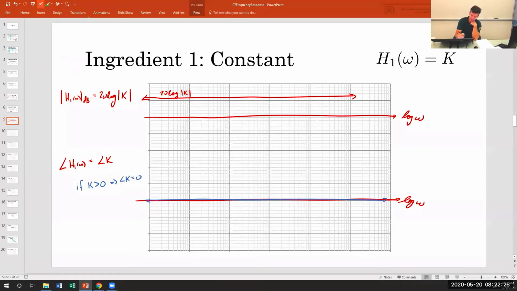However, if k is negative, then the phase angle is plus or minus 180 degrees. So I'll draw it as negative 180 degrees. Okay, so that's the only subtlety that I want to point out here, is that the magnitude of k doesn't care about the sign of k, but the phase angle does. So if you, for any reason, have a negative constant out in front of your transfer function, just realize that it is contributing 180 degrees of phase to the whole enchilada.